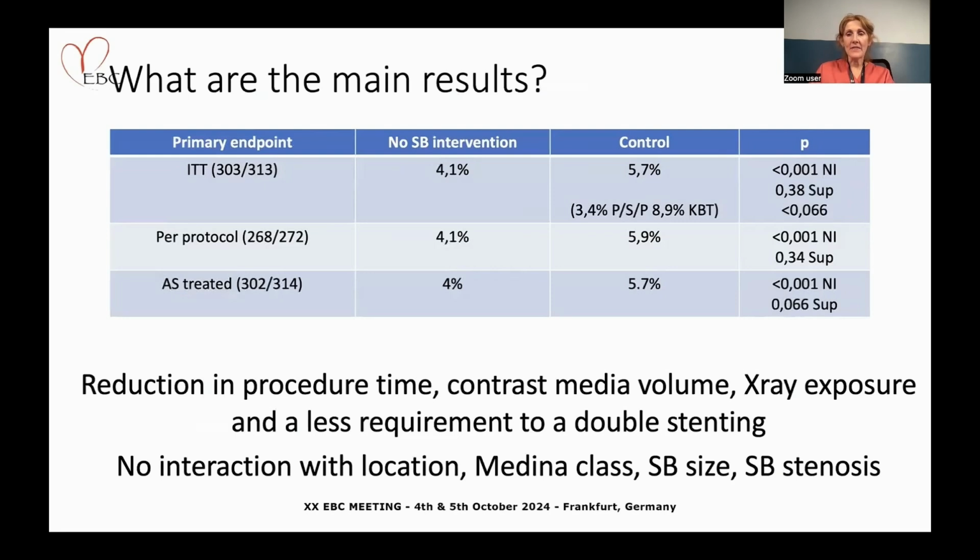However, in the no side branch intervention group, we have a reduction in procedure time, less contrast media volume, less X-ray exposure, and less requirement for a second stent in the side branch. And this shows no interaction with lesion location, Medina class, side branch size, or side branch stenosis, as measured by QCA before the intervention.